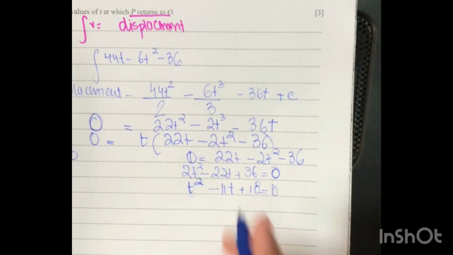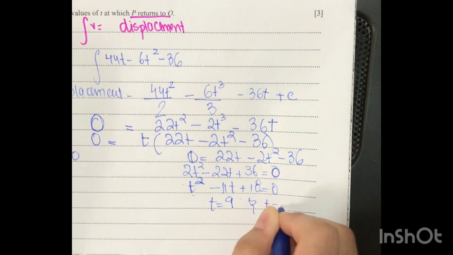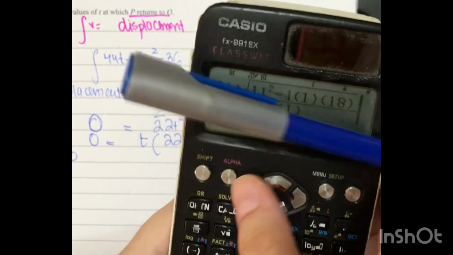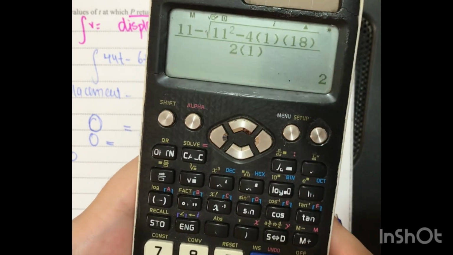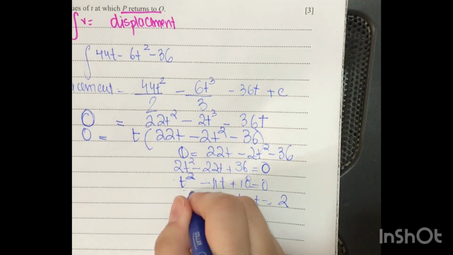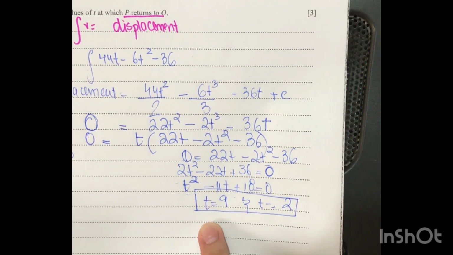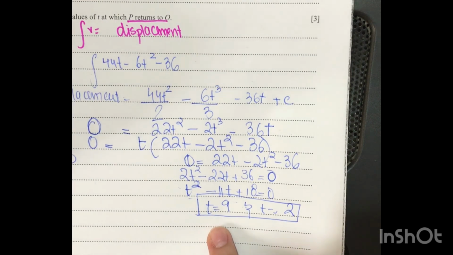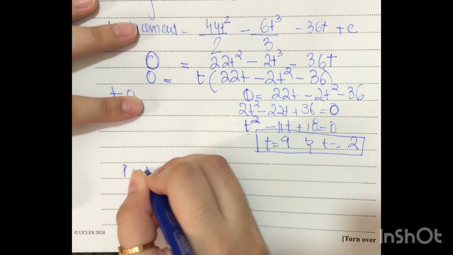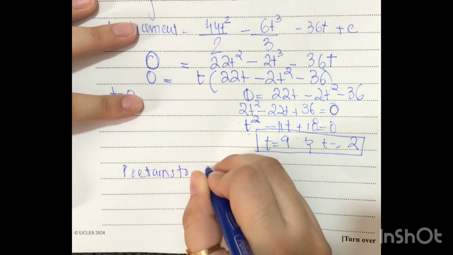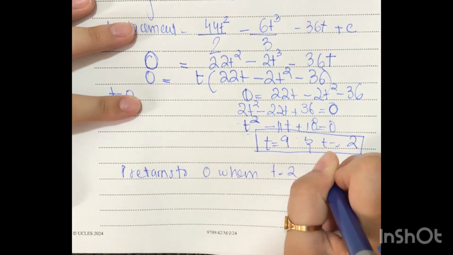So displacement is 0 when t is equal to 9, and when t is equal to, now we'll add the minus sign, so when t is equal to 2 and t is equal to 9, these are the times when the displacement is 0. That means that P returns to O when t is equal to 2 and t is equal to 9.